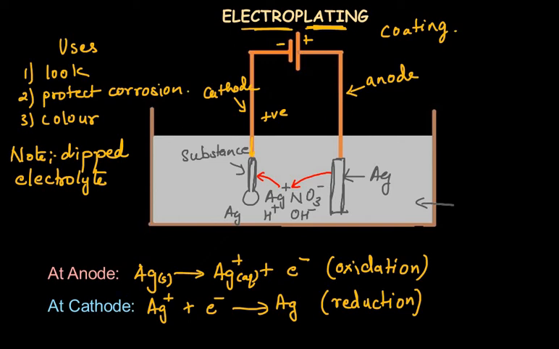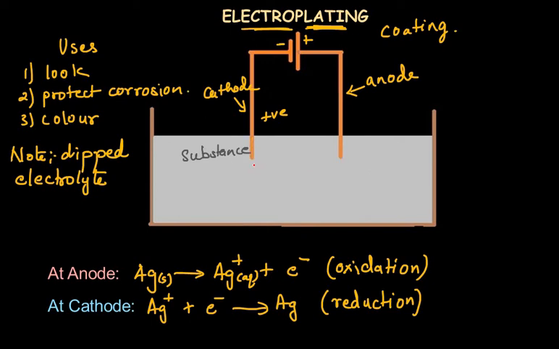Suppose we take another example, say we want to coat a bangle with gold metal. So this is gold plating. Again the substance to be plated has to be made the cathode, so connect it with the negative terminal of the battery or power supply, and the metal to be coated, here gold, has to be taken as the anode, and the connection is done.